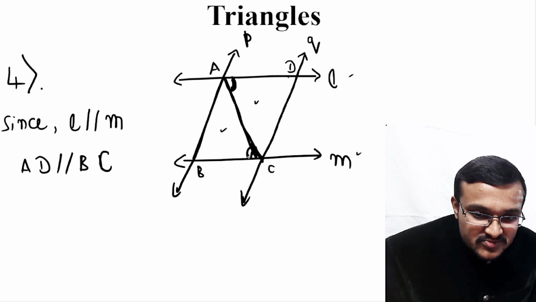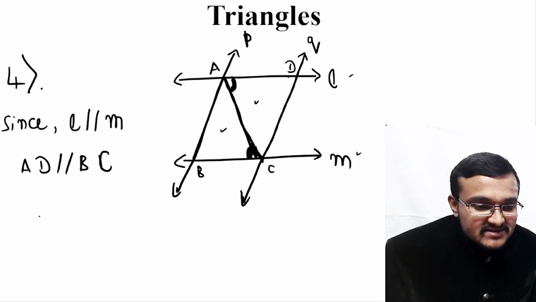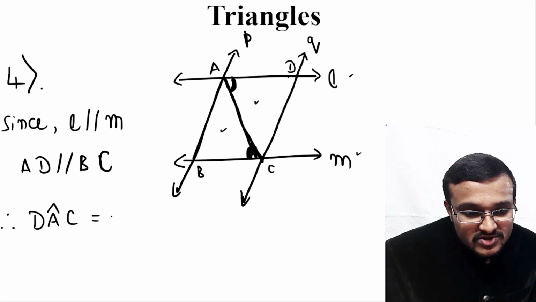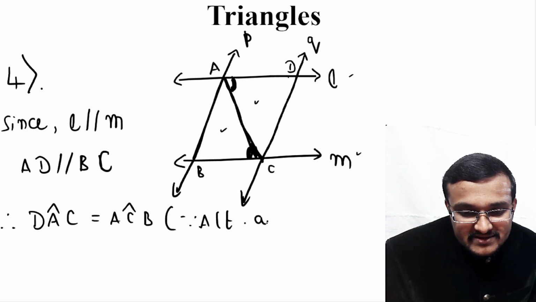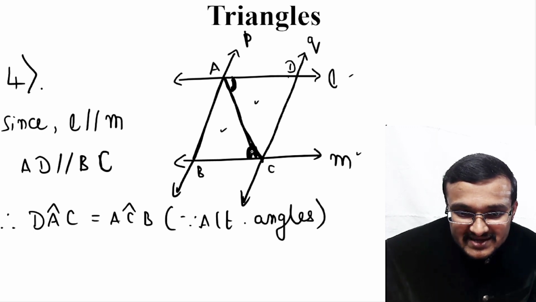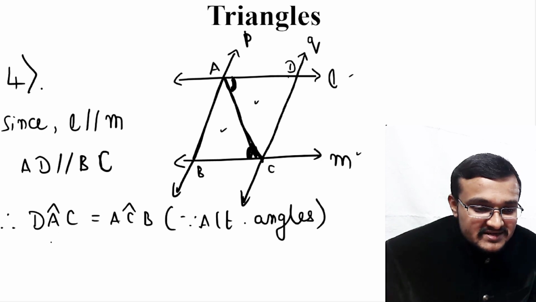So angle DAC is equal to angle ACB, because they are alternate angles, and you can see here AC is the common side.